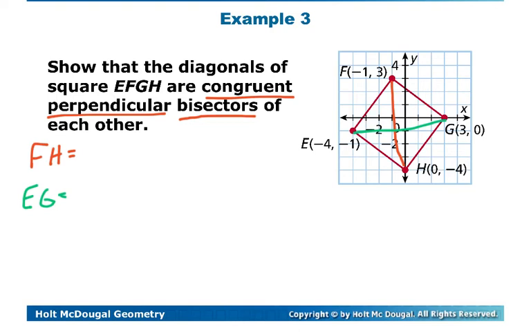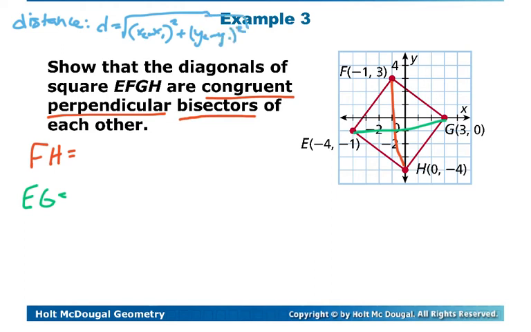So in order to find the length of something, I need the distance formula, and so hopefully we remember the distance formula is going to be the square root of the 2 x's subtracted and squared, and added to the 2 y's subtracted and squared.